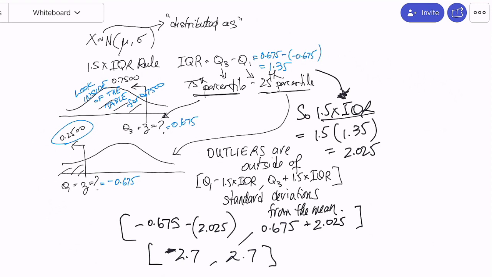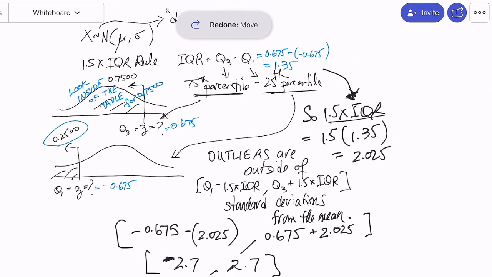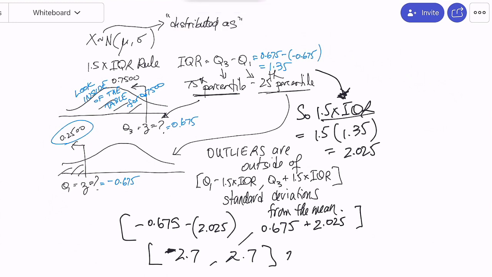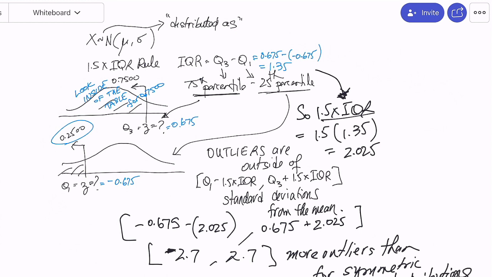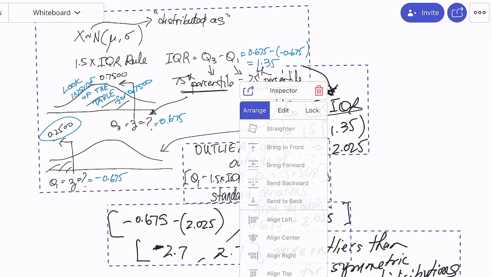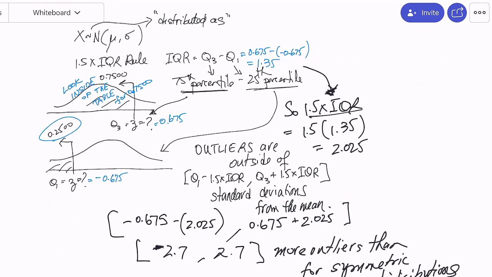But already you see this is a greater amount of outliers, or more in the tails, than for symmetric distributions, right?